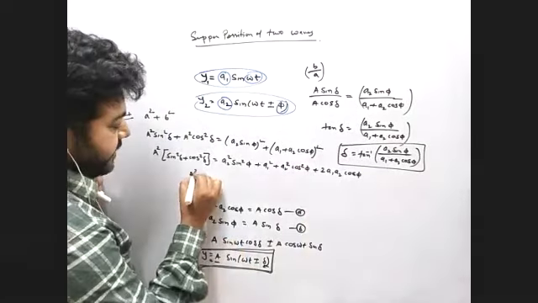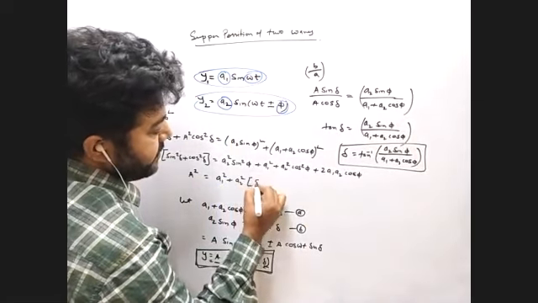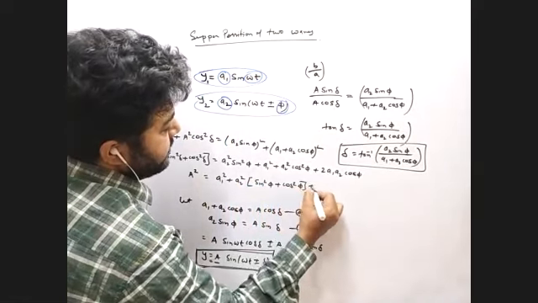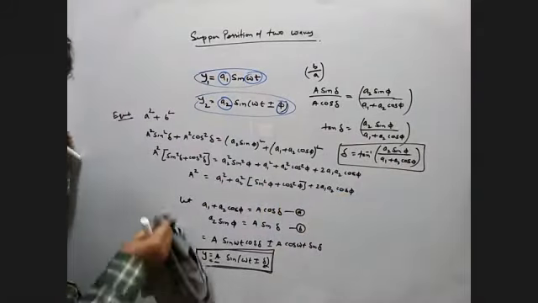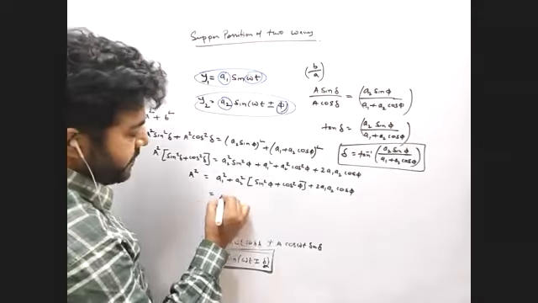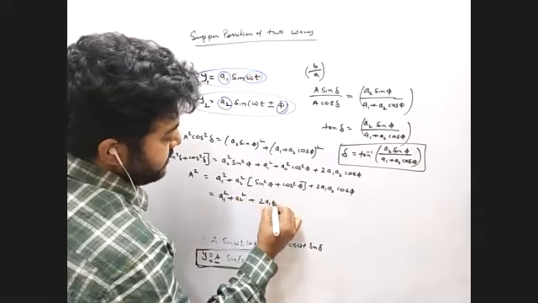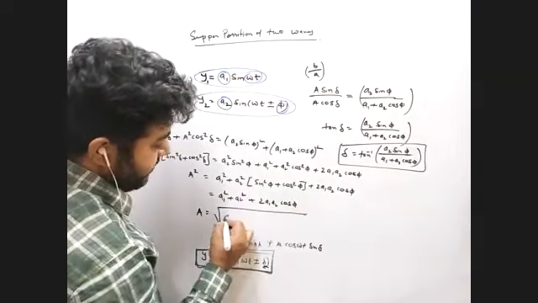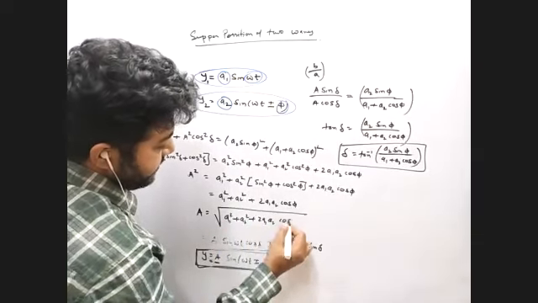That means A square is A1 square plus A2 square into sin square phi plus cos square phi plus 2A1A2 cos phi, which equals A1 square plus A2 square plus 2A1A2 cos phi. So A is the square root of A1 square plus A2 square plus 2A1A2 cos phi.